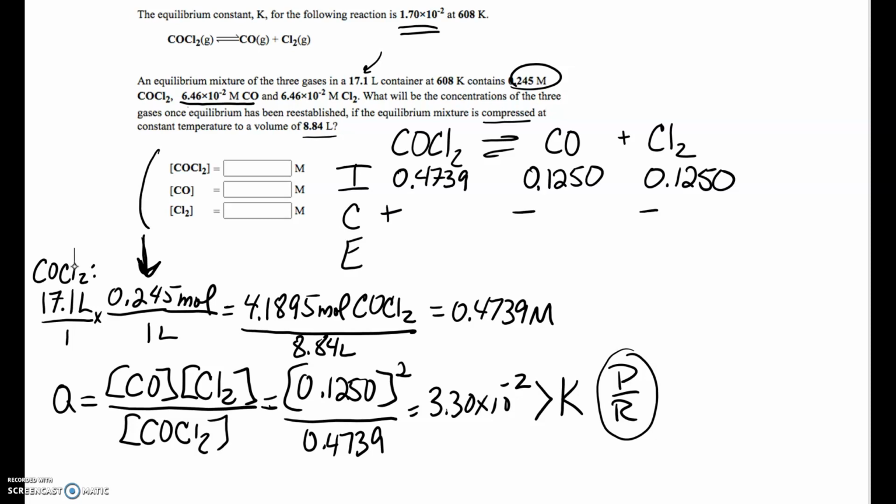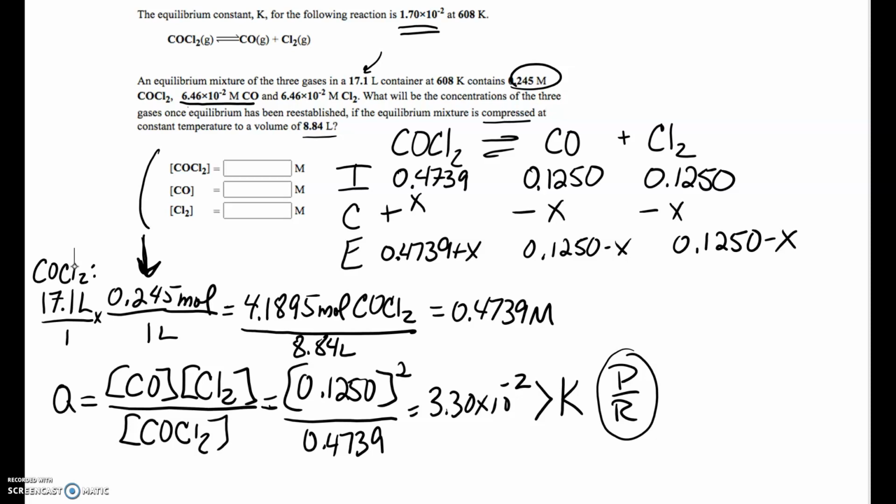Now there's another way we could do this, and we could think about this in terms of Le Chatelier's principle and pressure. What we have ultimately done is we've decreased the volume, and by decreasing the volume with the same number of moles of gas, we've increased the pressure. So Le Chatelier's principle is going to try to reduce that pressure.